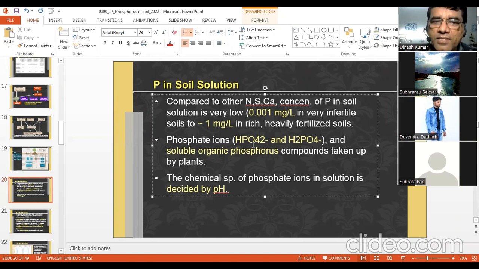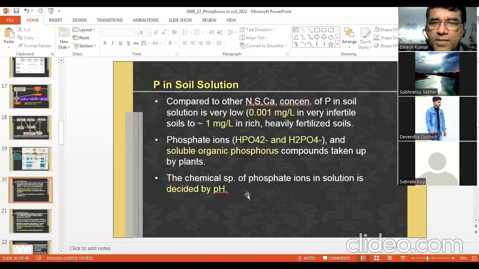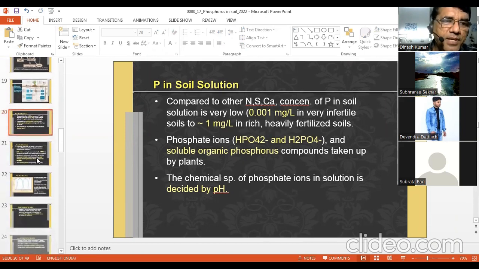So phosphate ions and soluble organic phosphorus compounds are taken up by plants. This is copied from Nature and Properties of Soils. The chemical species of phosphate ions in solution is decided by the pH. Chemical species means whether it will be H2PO4, PO4 or HPO4, which is decided by pH.